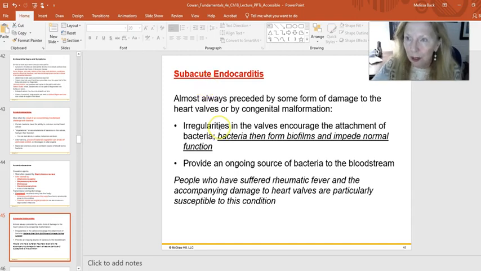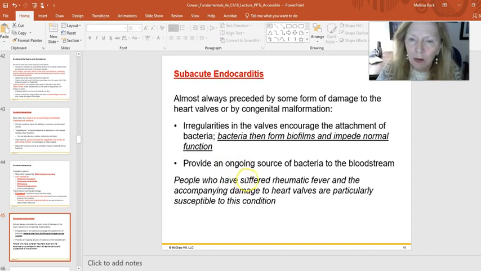Subacute, still serious, but signs and symptoms are a little bit more vague, a little bit less obvious. This can be because of biofilms of microbes that are growing, impeding the function of those particular tissues. We tend to see subacute with people who have some underlying conditions and or history.